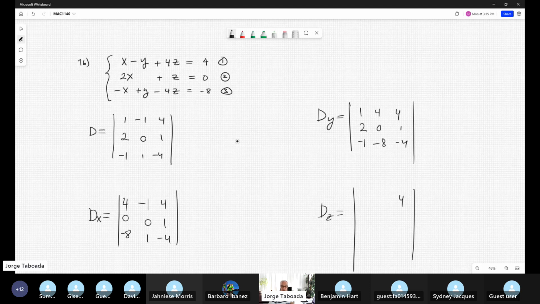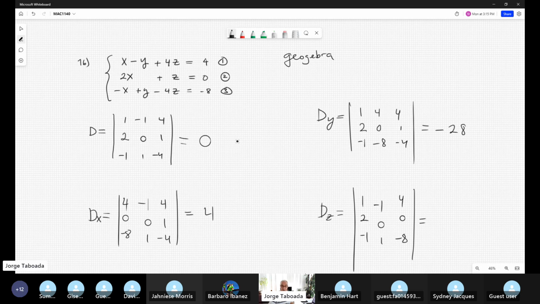And Dz is 4, 0, negative 8, 1, 2, negative 1, negative 1, 0, and 1. I suppose everyone follow me so far, right? So I go to GeoGebra. Okay, GeoGebra. I type in using my best idea, and I get this value. I get 0, I get 4, I get minus 28, and I get minus 8.